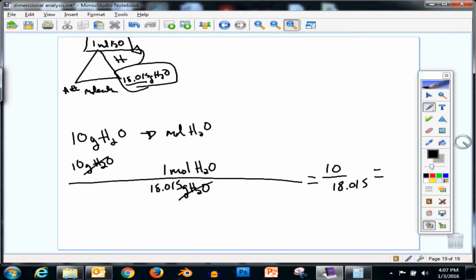Multiply across the top, 10. Multiply across the bottom, 18.015.